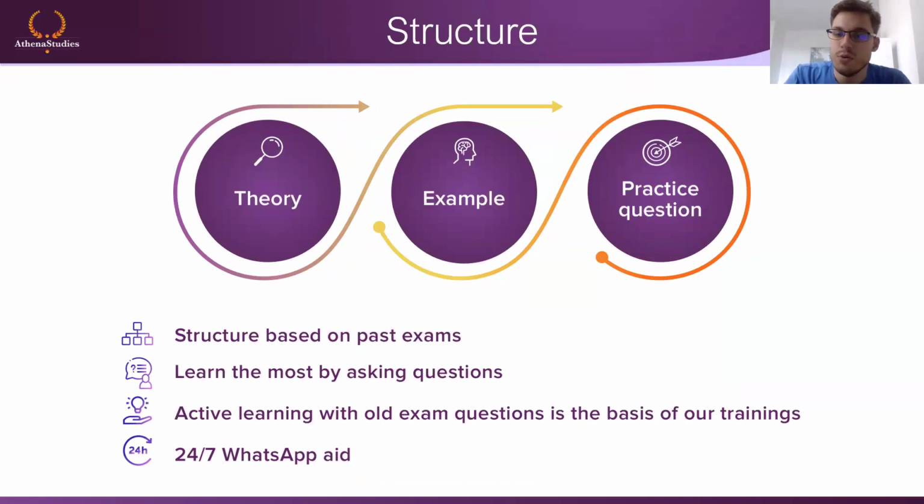And then lastly, we do a practice question, which is most of the time exam material. I give you a question and you spend some time trying to solve it. And then you get to ask me questions if something isn't clear or something doesn't work. That's the three-step process that we repeat for every single chapter in our full sessions.